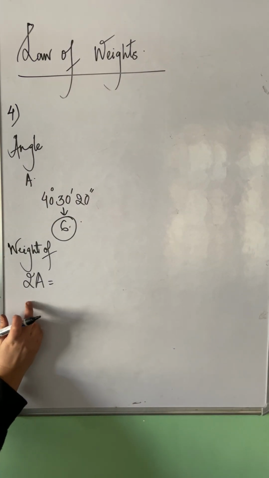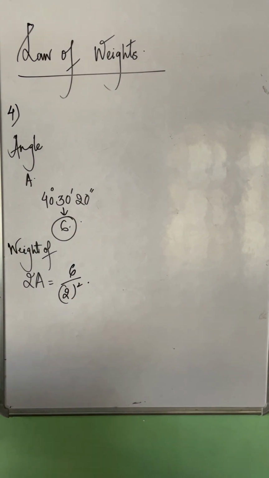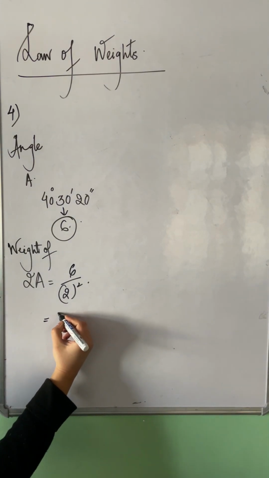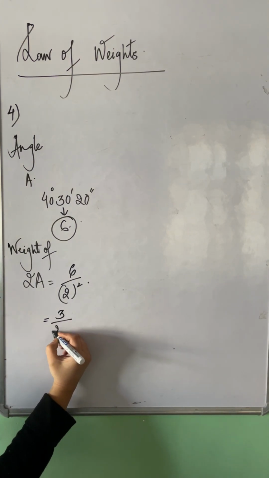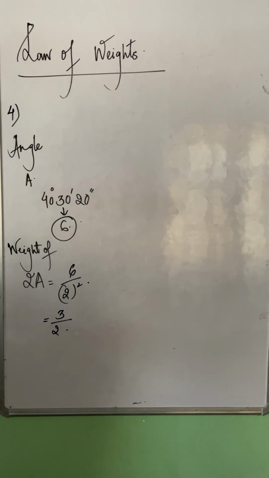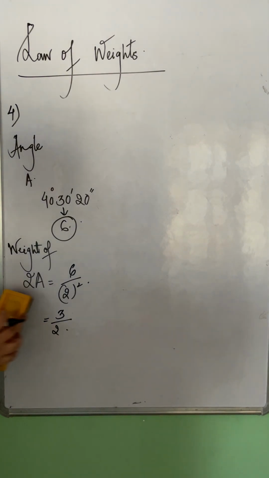So we divide the weight by the square of that factor, and the weight of 2A will be equal to 3 by 2. Moving on.